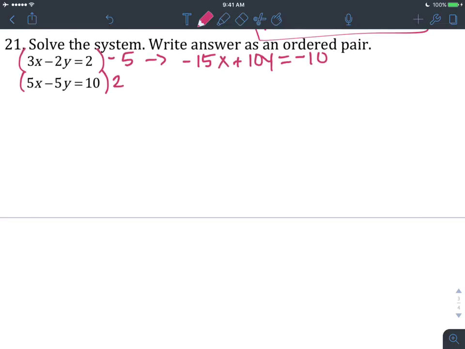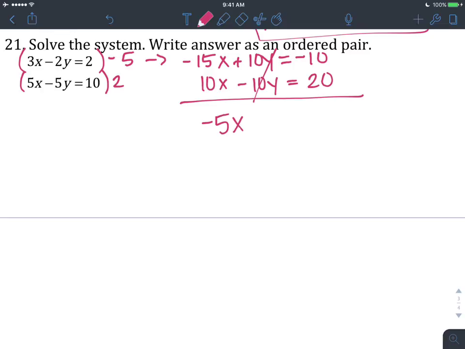And then we're going to have 10x minus 10y equals 20. Okay, so we're going to have negative 5x equals 10. Remember, we're just adding. So divide by negative 5 on both sides, and x equals negative 2.